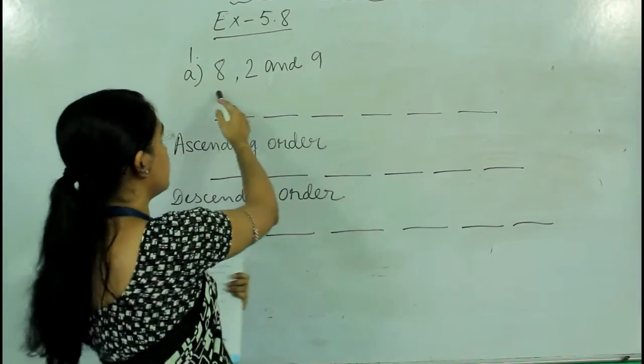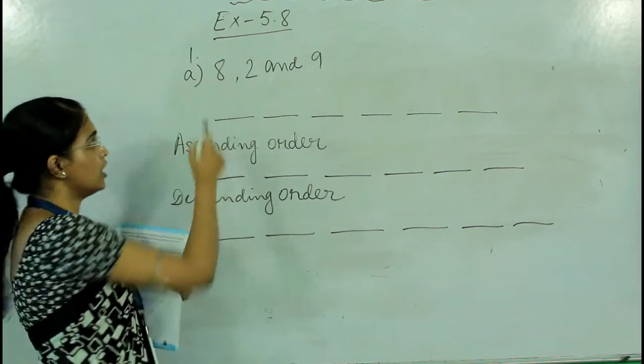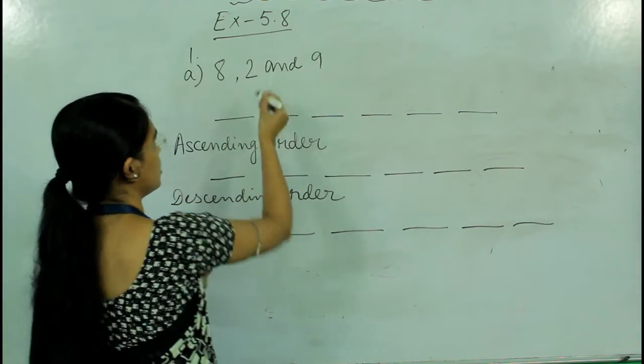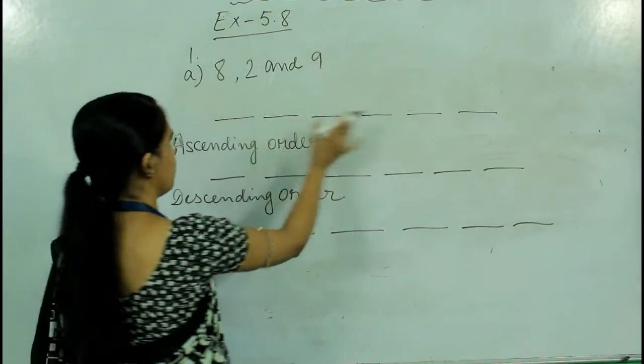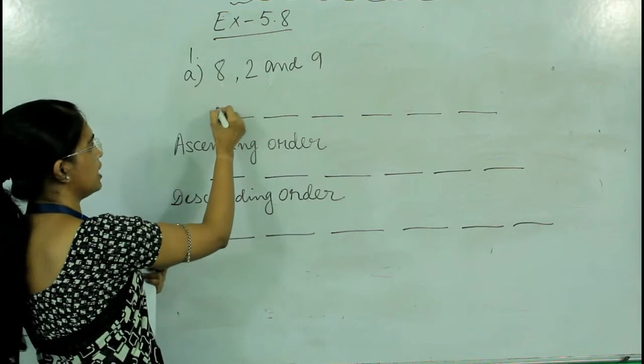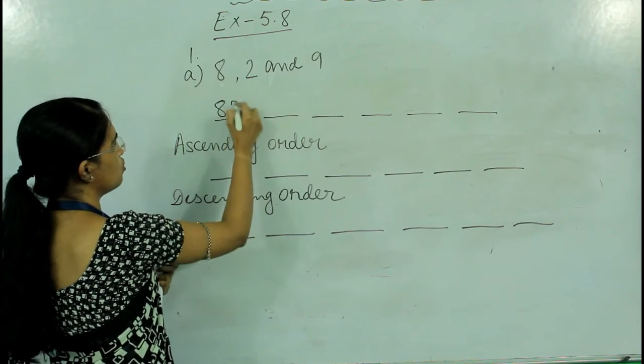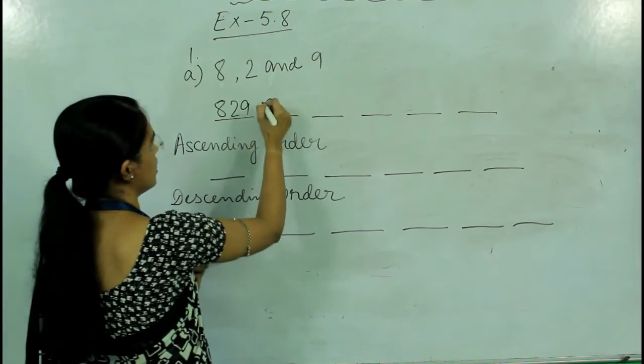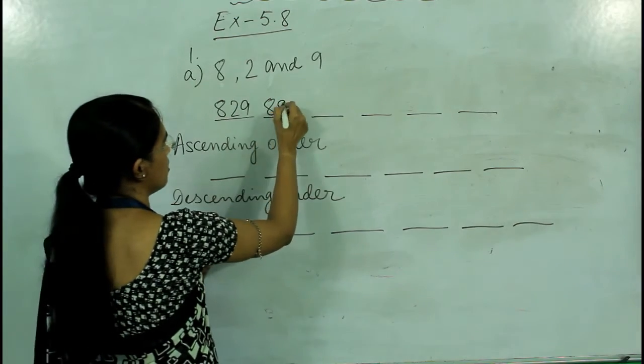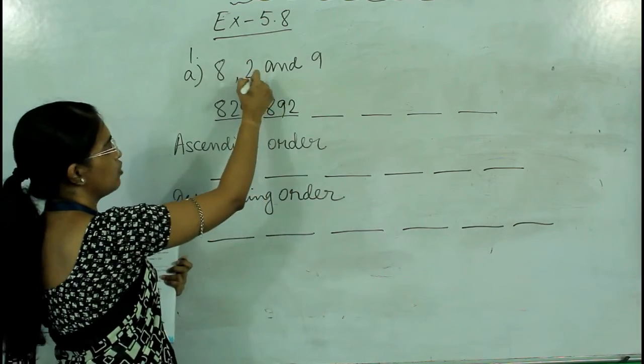Okay, now look here, we have 3 digits, 8, 2 and 9. With the help of these 3 digits we will make different numbers. So first I will take 8, then 2, then 9, then again 8, 9, 2. Then I will go to 2.